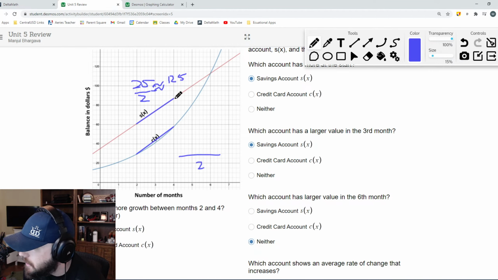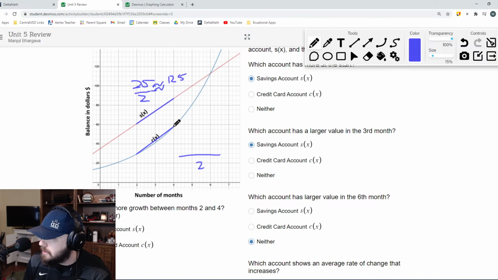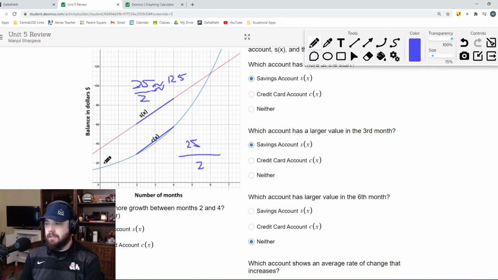Yeah, it's about 25, going from 30 to 55. To me, just by looking at the graphs, I'm going to say that the credit card one has a steeper slope. That's really what we're trying to look at. I feel like I'm missing something here, but my line is going to be steeper with the credit card.